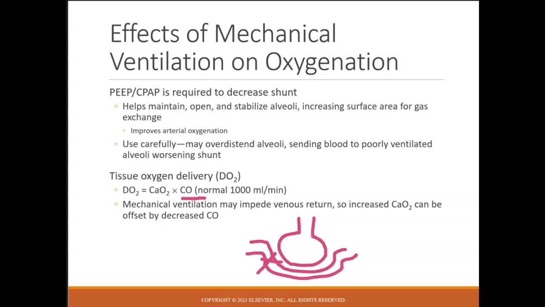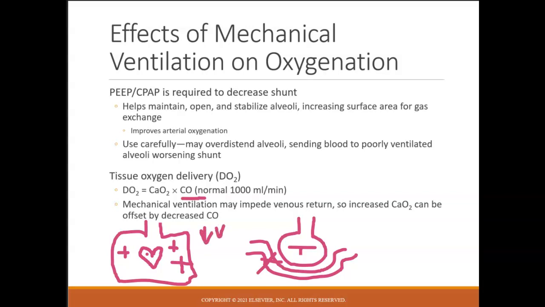Again, I'm adding pressure inside the chest. This is his chest, and your heart has to sit inside your chest. Sorry, drawing on a computer is awful. If I add a lot of positive pressure all around the heart by putting your patient on ventilation, that decreases my venous return, which in turn can decrease my cardiac output.